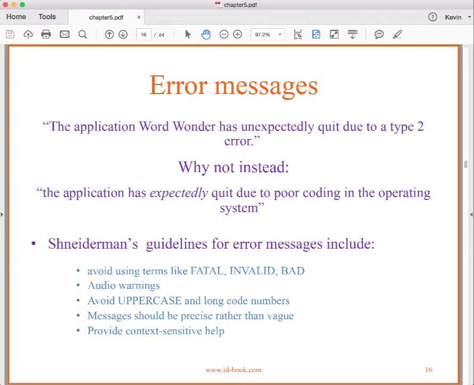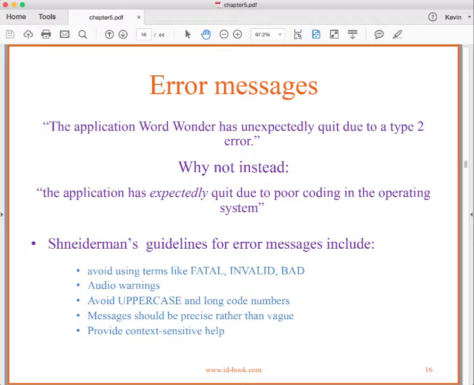They're kind of pejorative terms. Audio warnings. Well, audio warnings can be both good and bad. In a really important case to get your attention, an audio warning is probably warranted. Pretty soon, it's just annoying.